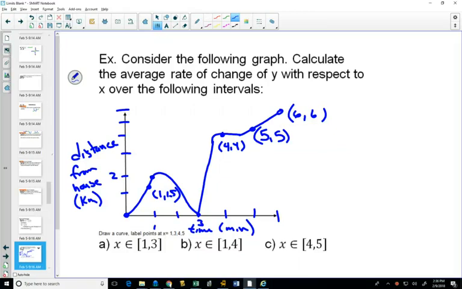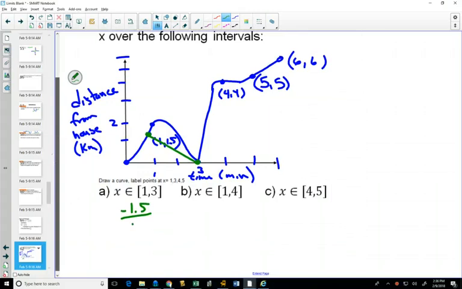So we're going to calculate the average rates of change between these values. Well, from 1 to 3, you were away from home and headed back home. So your average rate of change, the slope of that line: your change in y values went down 1.5, your change in x values went over 2.